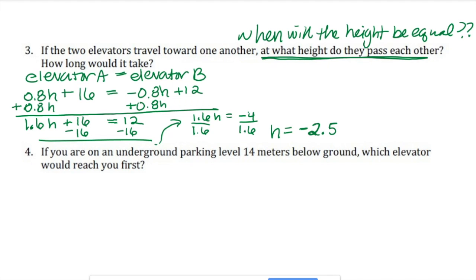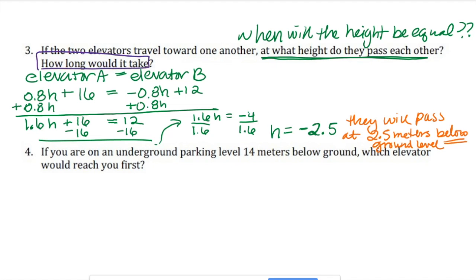So this is telling me that they will pass at 2.5 meters below ground level. Now it asks us how long will it take? That's a time, right?